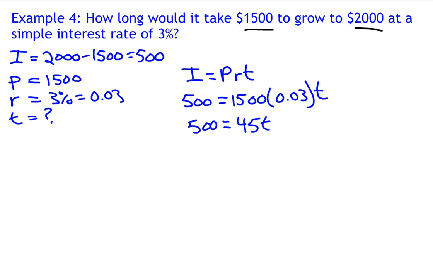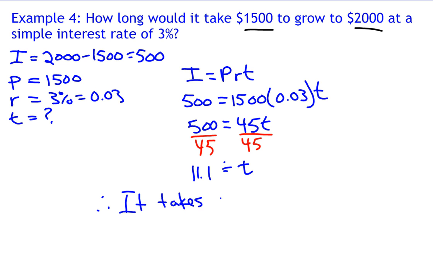Again, 45 is being multiplied by t. We want to undo that multiplication by 45, so we just divide both sides by 45. Plug that into the calculator, and we get that t is equal to about 11.1 years. So we can just say that therefore it takes about 11 years to grow the money.